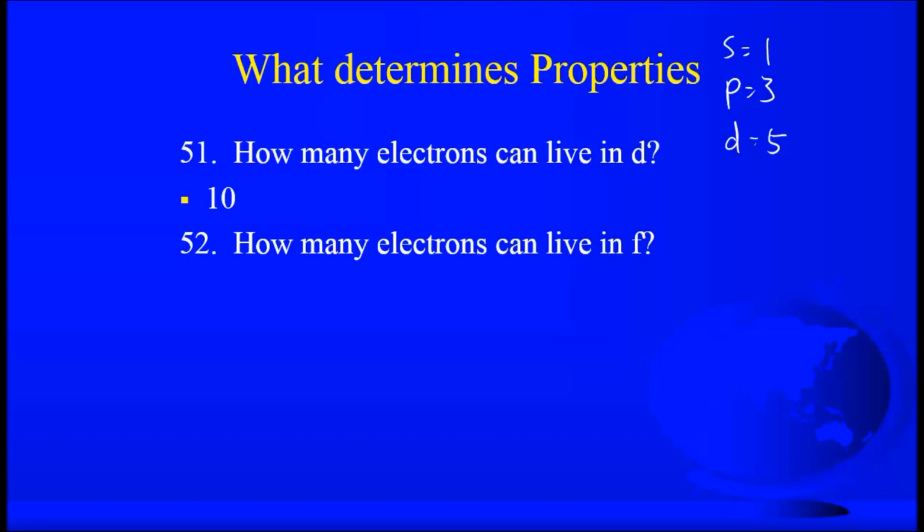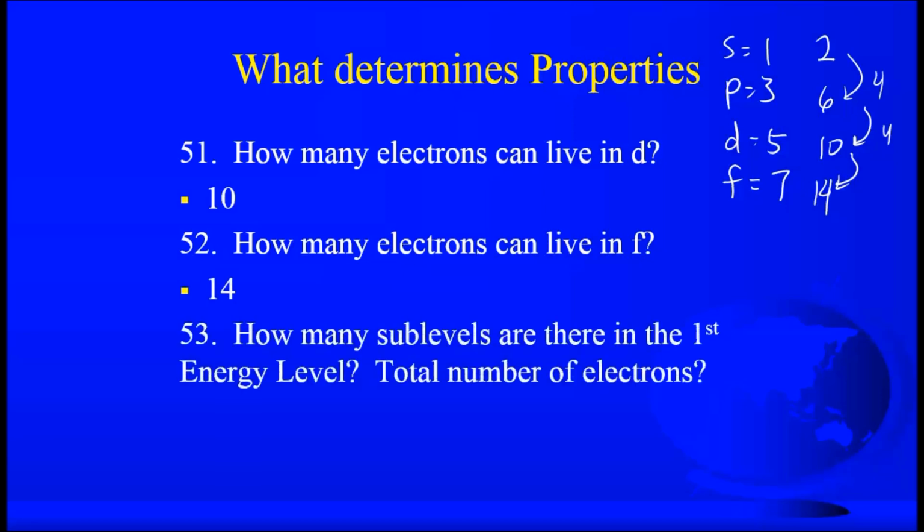How many students can live in the F room? 14. Okay, how many F rooms are there going to be? 1, 3, 5, 7. You had 2, 6, 10. What separates these guys? And this is going to be 14. So there is a pattern to all this.